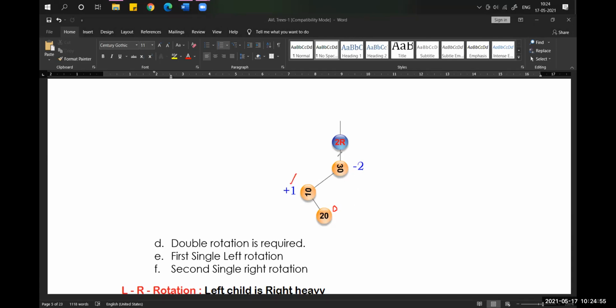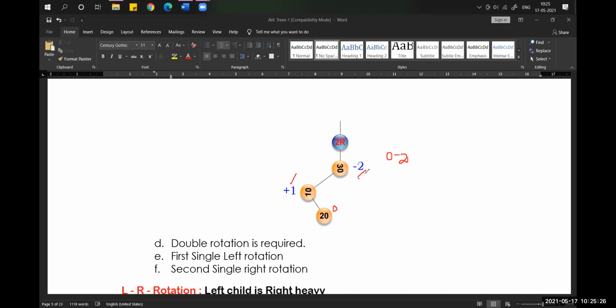Next, the balance factor of 30. Is there any node present on the right side of the root node? No. No means it is equal to 0. Now, how many nodes are present on the left side of the root node? 1, 2. Now, 0 minus 2 is -2. So we got -2.